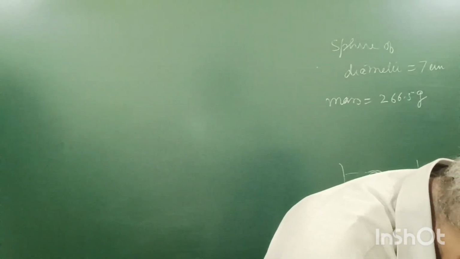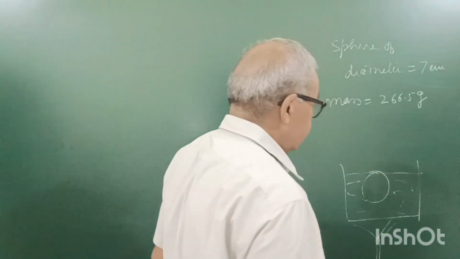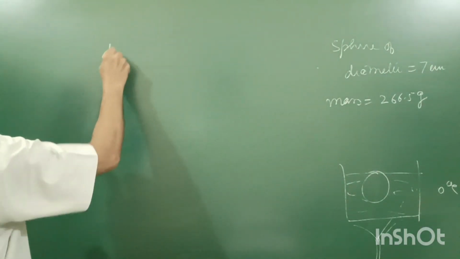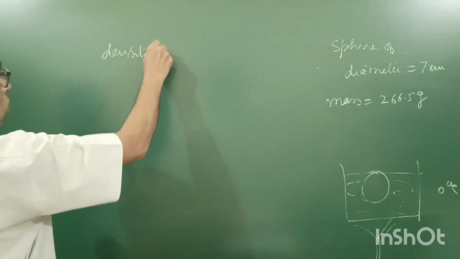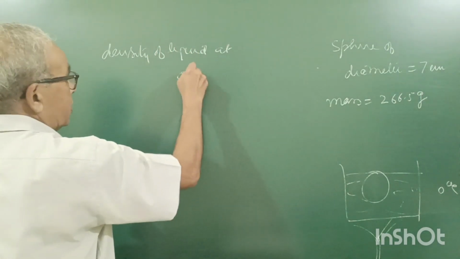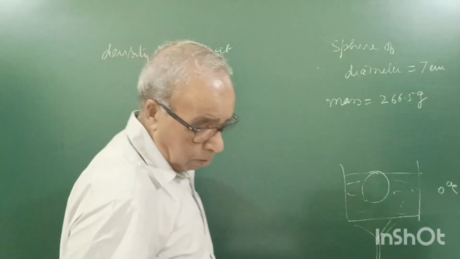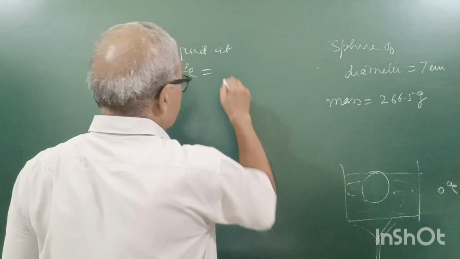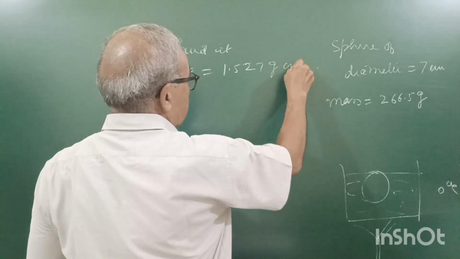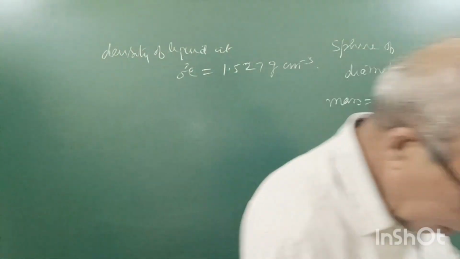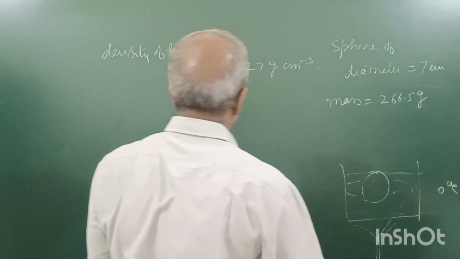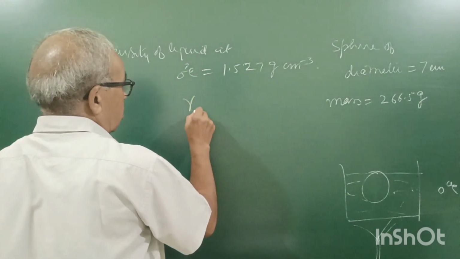The density of the liquid at 0 degree centigrade is 1.527 gram per centimeter cube. Find gamma, the coefficient of cubical expansion of the liquid.